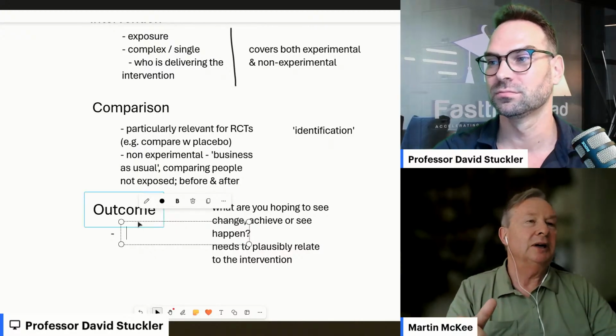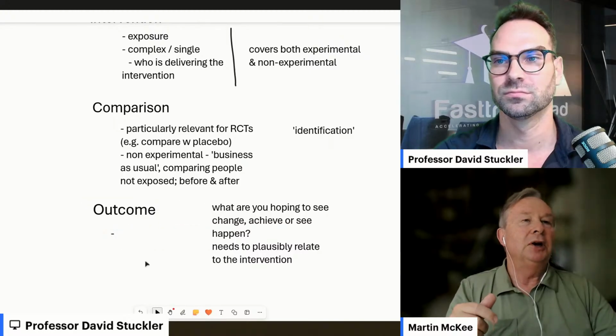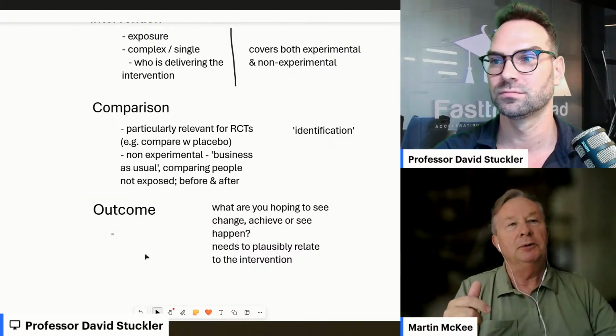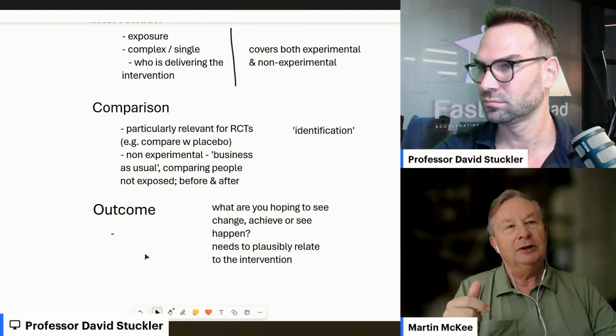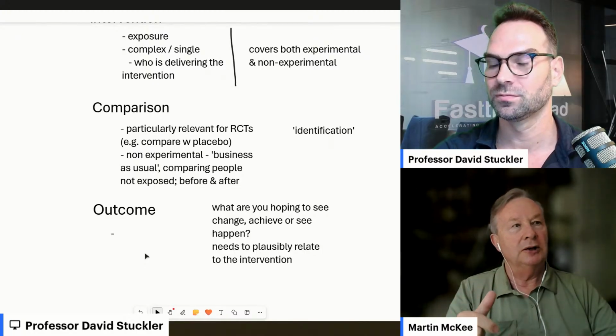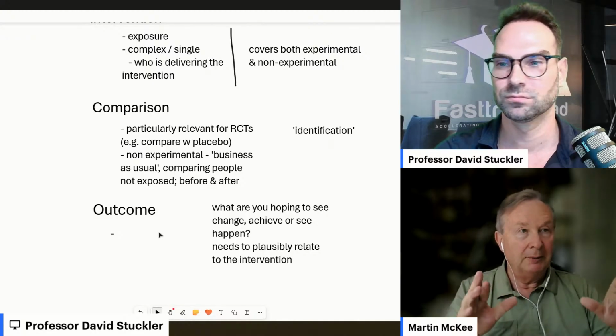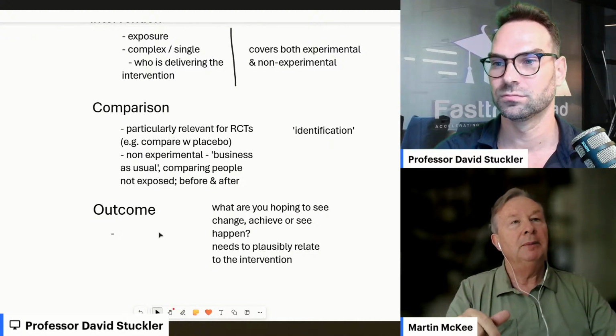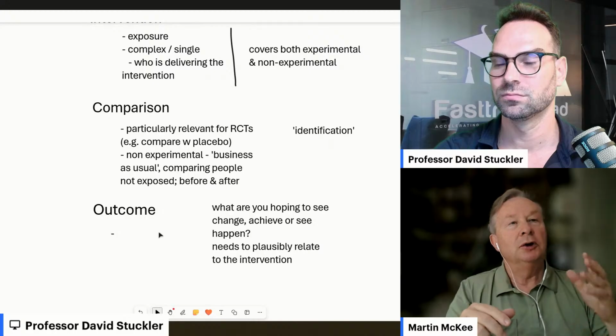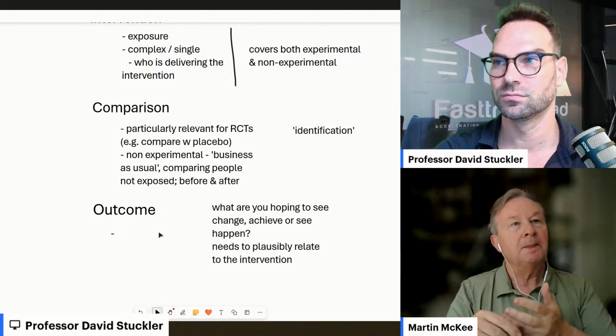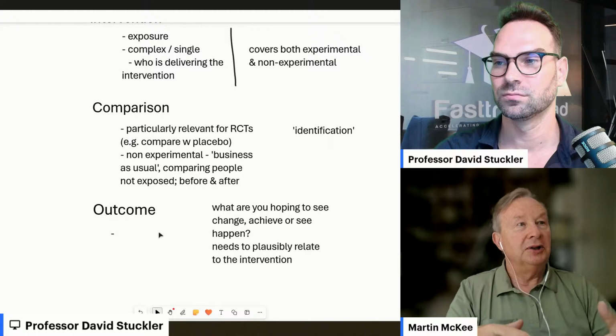Maybe I can illustrate this with an example. There was a lot of concern by some people that the evidence from randomized controlled trials of wearing a mask during the pandemic was really not very good. But if you think about it, the intervention was on the person who was wearing the mask, but the outcome was that you wanted to prevent the virus being spread to others.